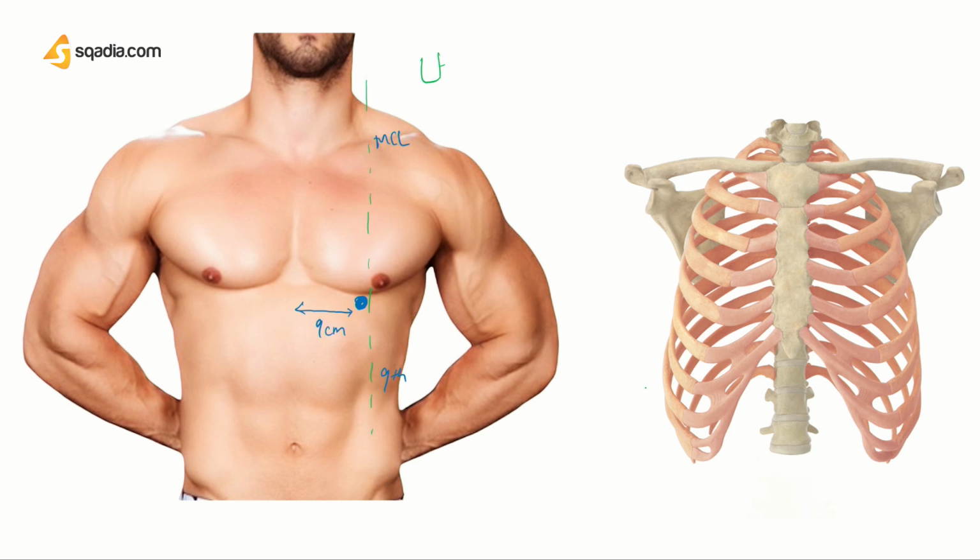Okay? So now that we've talked about the apex beat, it's also relevant to talk about the nipple. So the nipple is also used as a landmark, and it is located, for males, usually in the fourth intercostal space, lateral to the midclavicular line.